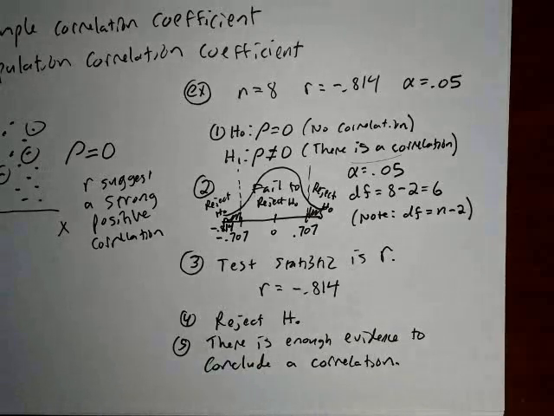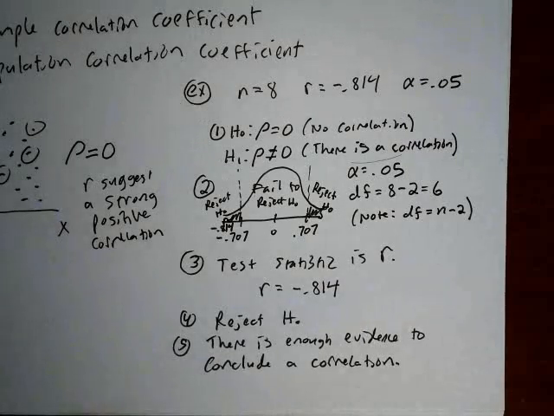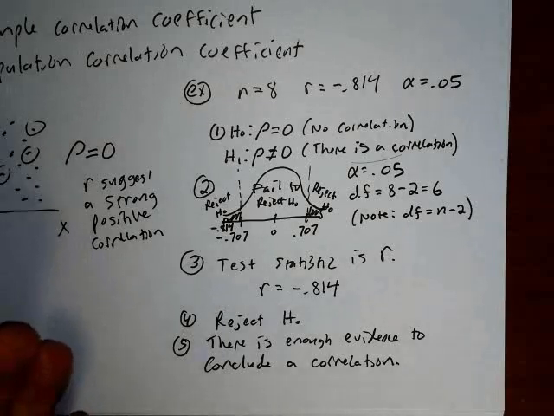I want you to actually write out the steps here because I want you to see that you can do hypothesis tests with things other than mu, other than the population mean. In this case, we're testing for the correlation coefficient in the population.